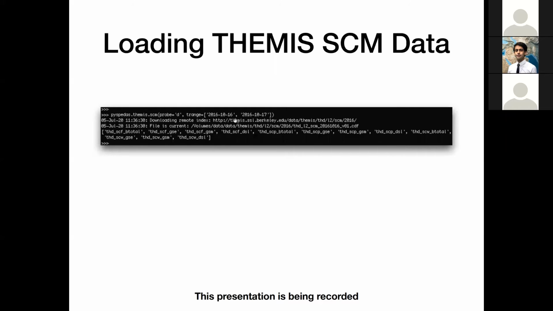But if you don't have it, it goes out and downloads the data from Berkeley. And if you do have it, it actually checks to make sure it's the latest version. So if a new version is out there, it'll go out and download the new version instead of loading the version you have. And you can see it returned the variable names that it loaded.